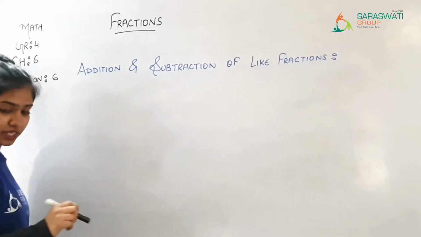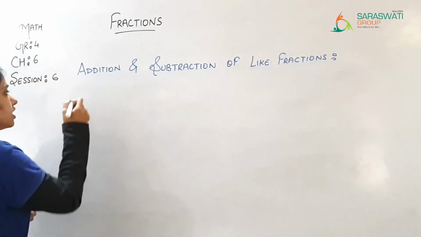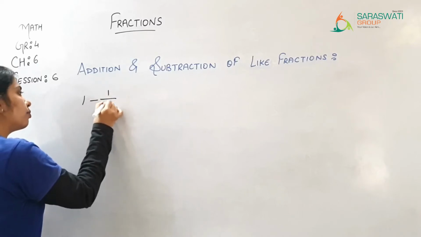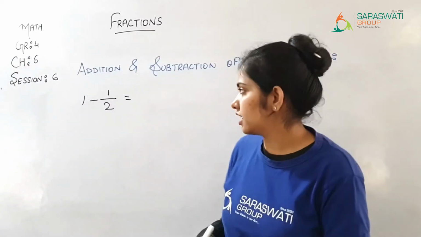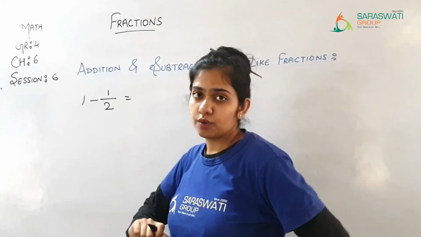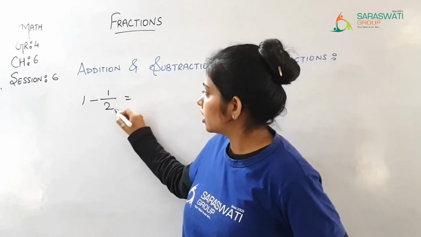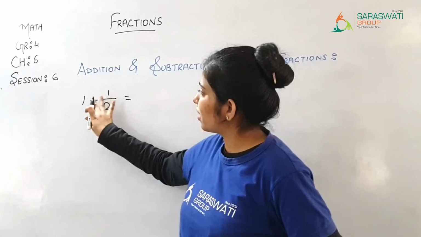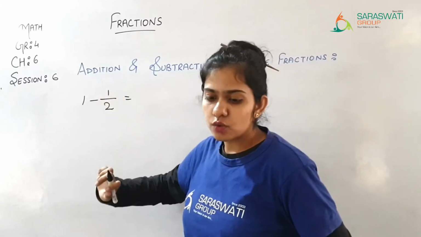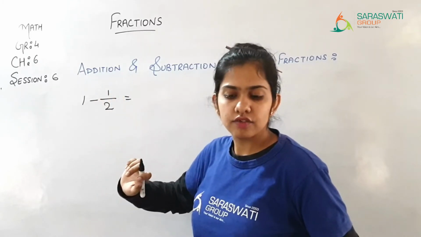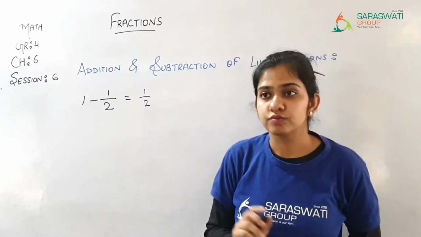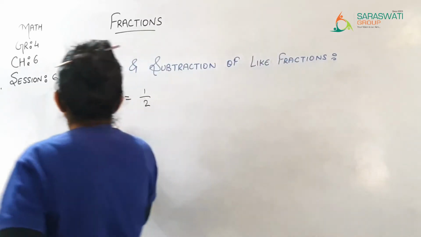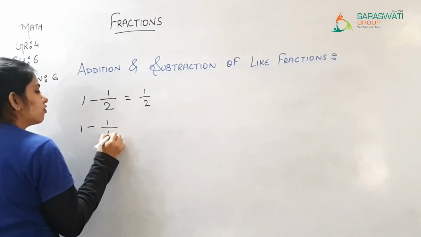Now for example, if it is 1 minus 1/2, ऐसे आपको दिया गया है तो आप कैसे सॉल्व करेंगे इस फ्रैक्शन को? So ये 2 में से 1 ऑलरेडी माइनस हो जाता है. So what will be your answer? That is 1 upon 2. Now 1 minus 1 upon 4.